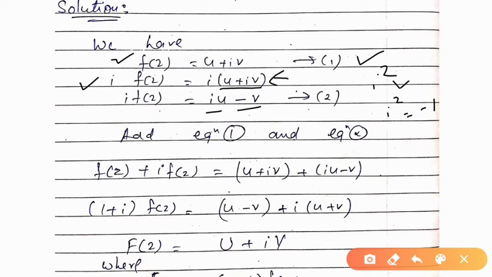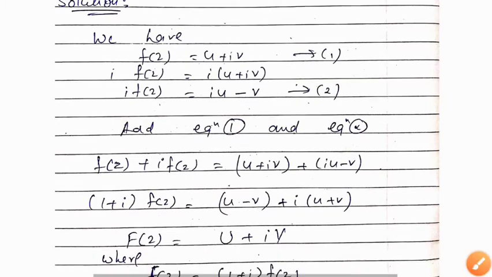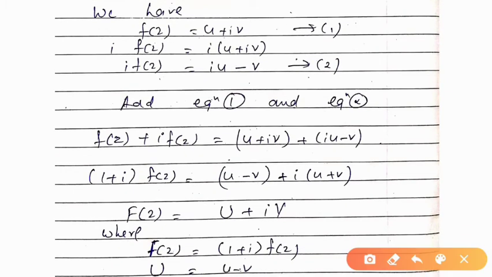We name it equation 2. Now we will add equation 1 and equation 2, both on the LHS and RHS side. So here we get f of z plus i f of z equal to u plus iv plus i into (u minus v).